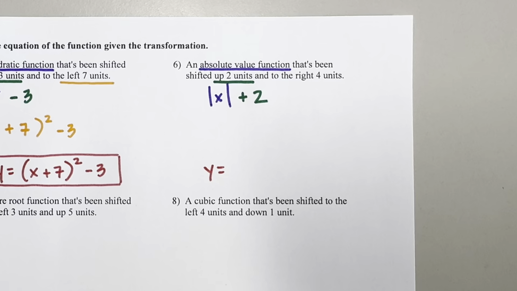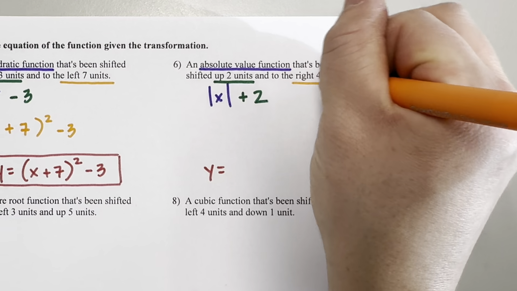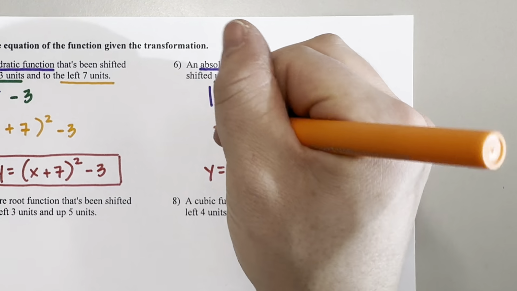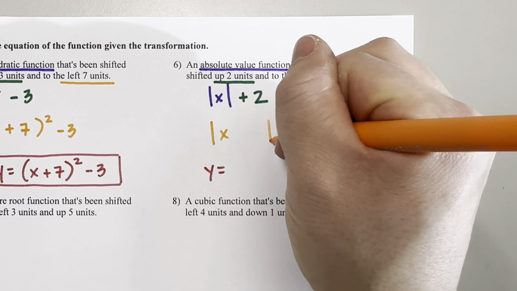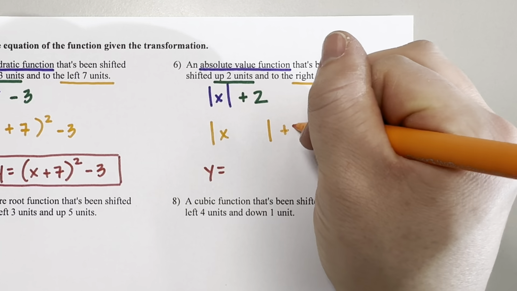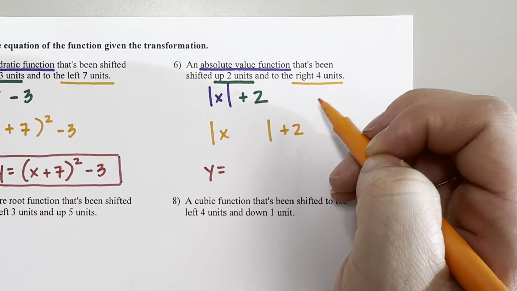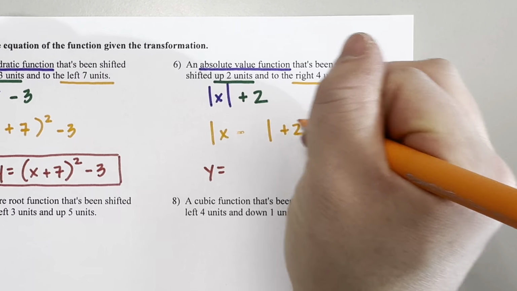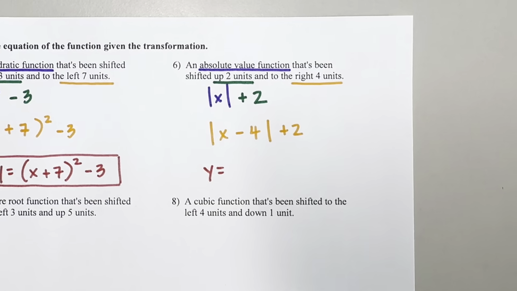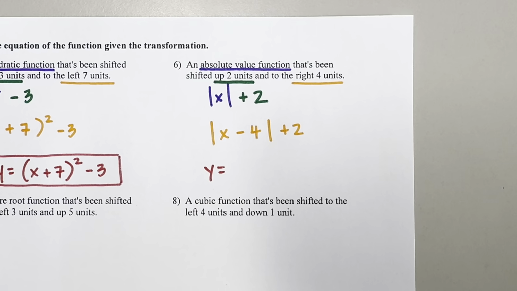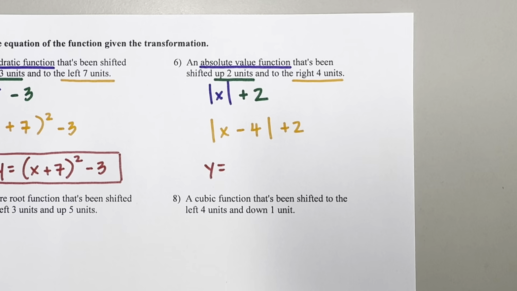But then it's also been shifted to the right 4 units. So now we need to open up those absolute values a little bit to give us some space, because now not only do I have the up 2 units, I now have a right 4 units. So right, remember, subtract, right 4. And there we go. There's our equation.